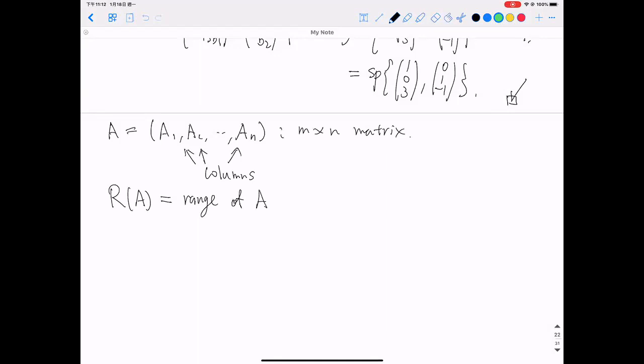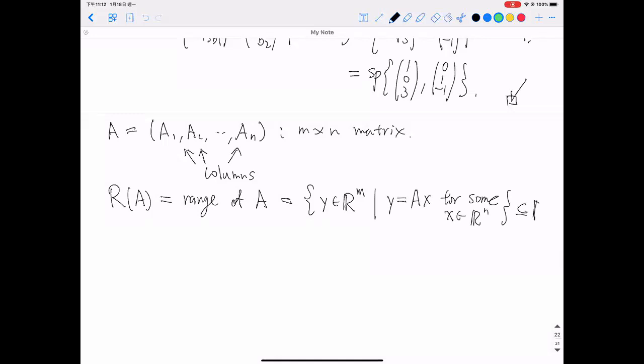of A, which by definition consists of vectors in Rm of the form y equals Ax for some x in Rn.